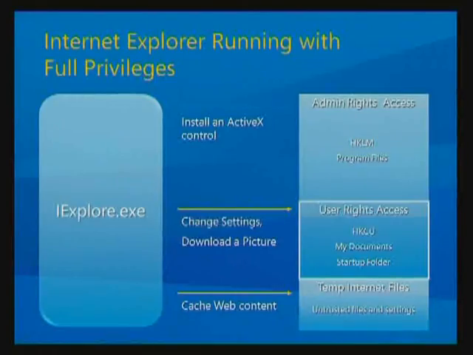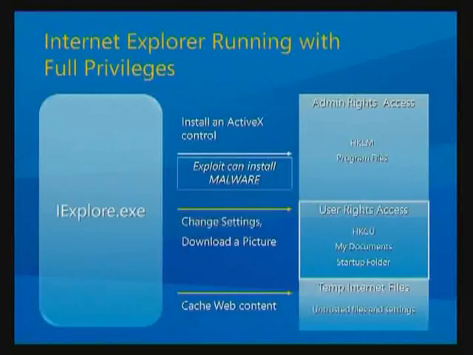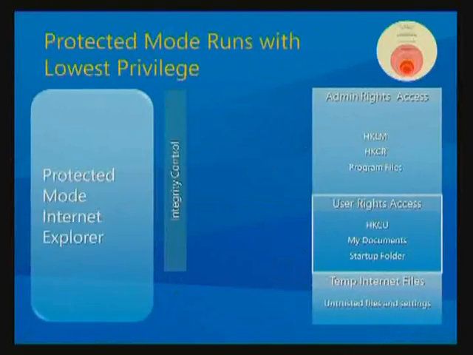And so this is an illustration of what you're seeing. The problem? That malware can use that path and come right in as administrator and install and run and do whatever it needs to do. You can also do that through the user piece and the user settings. Now, Windows Vista has protected mode. So we've redesigned the architecture a little bit.